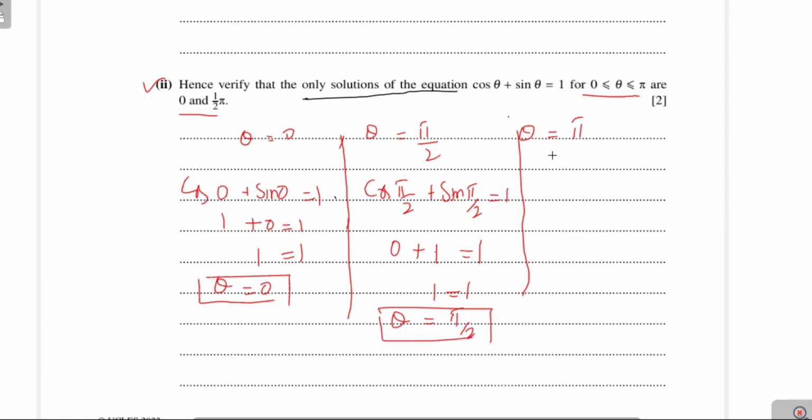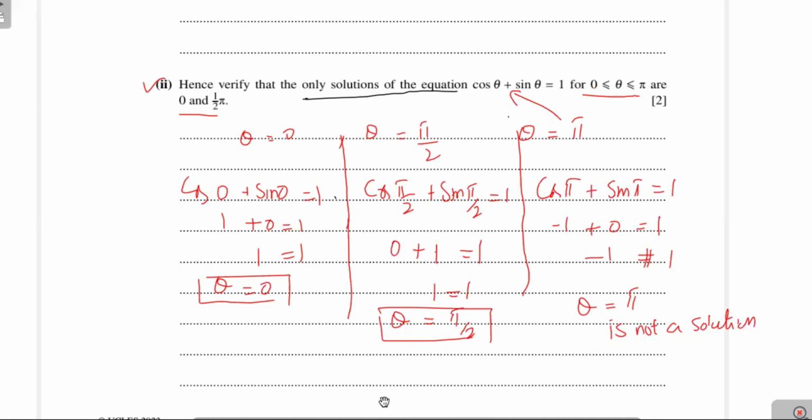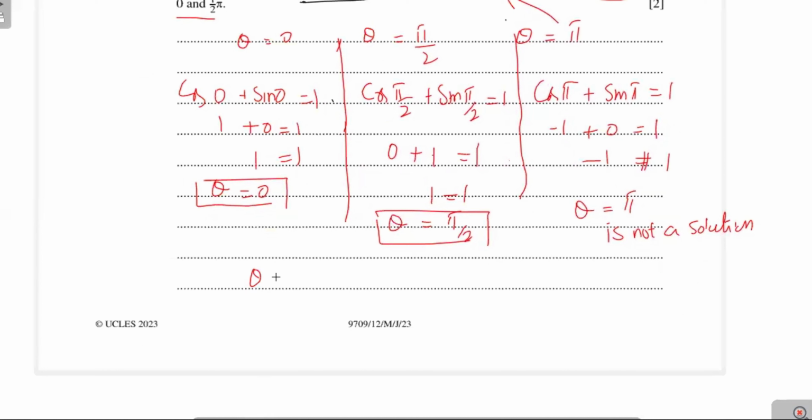Now we put the value theta equal to pi in this equation: cos pi plus sin pi equal to 1, cos pi is minus 1, sin pi is 0, then minus 1 does not equal 1. Therefore, theta equal to pi is not a solution. Therefore, only two solutions we have, theta equal to 0 and pi over 2.